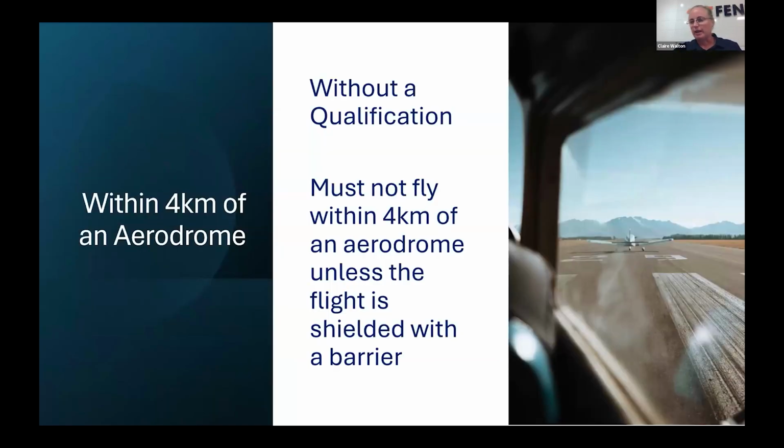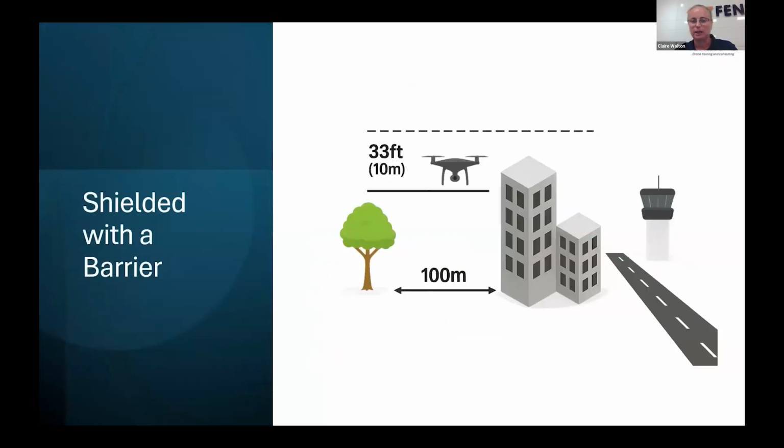If you do not have a qualification and you wish to fly within 4 kilometres of any aerodrome, you must be flying shielded with a barrier. So what does that mean? Shielded means that you can fly up to 33 feet above the top of the shield.